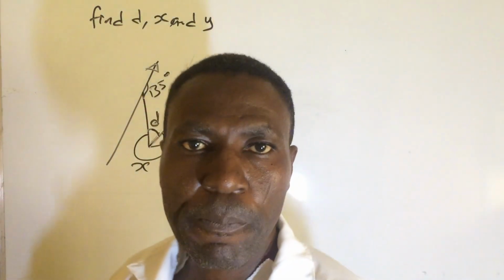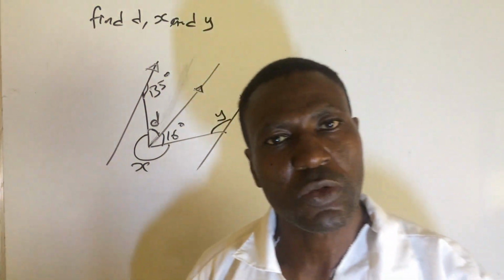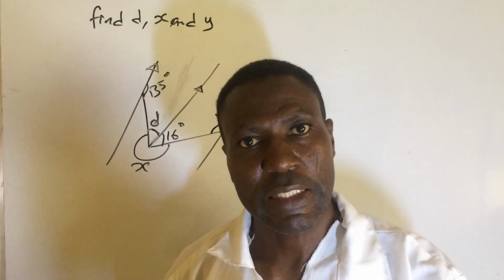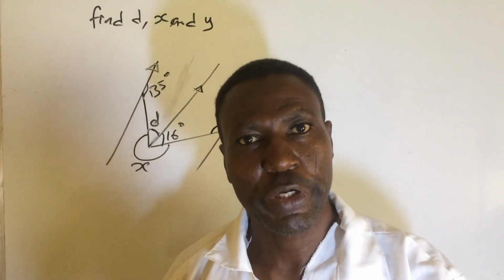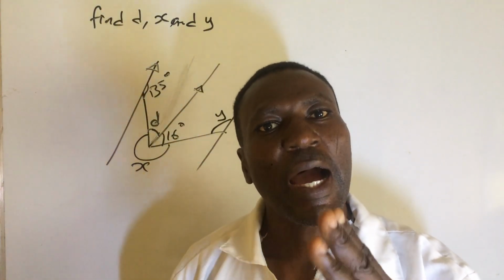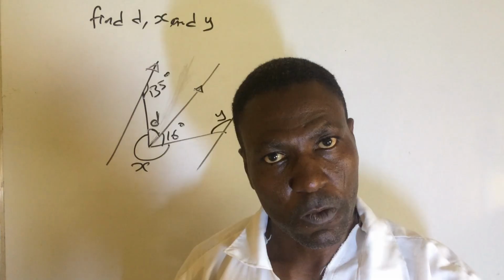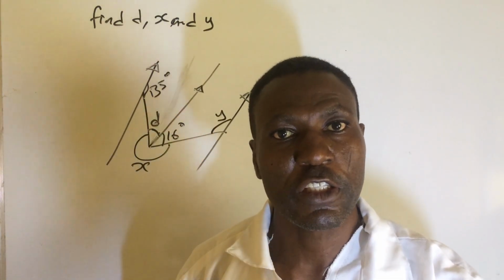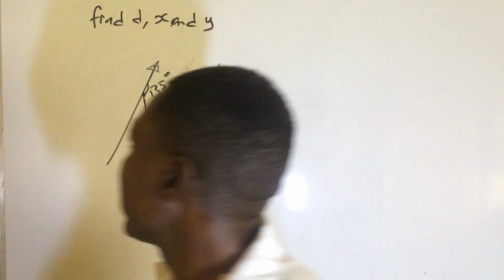Please, before we start, I would like to tell you that the total angle at a point is 360. In other words, the angle of a circle is 360 degrees. What do I mean?